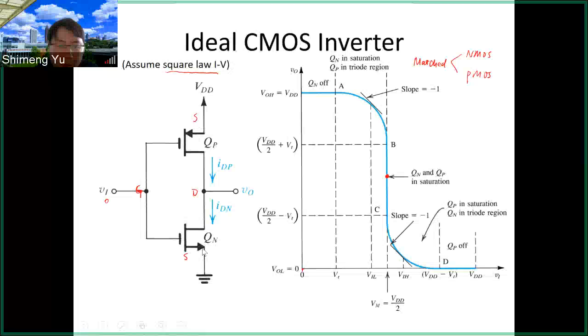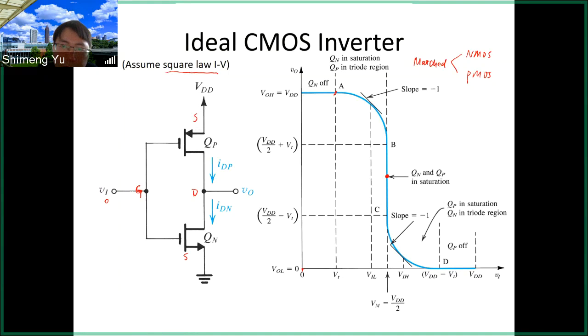So Qn is off, and the first order model ignores the subthreshold current. So this is like an open circuit, current is 0. Then the output voltage will be the same potential as VDD because there's no current in this branch. If the NMOS is off, no current, then for the PMOS, source and drain will be at equal potential. Then the output will be VDD, the power supply.